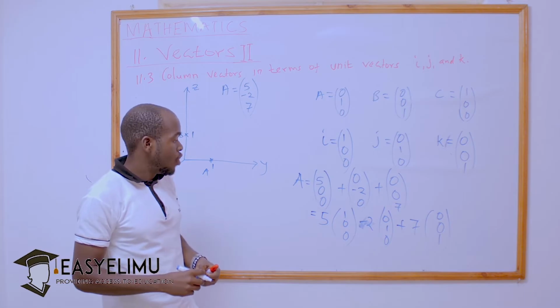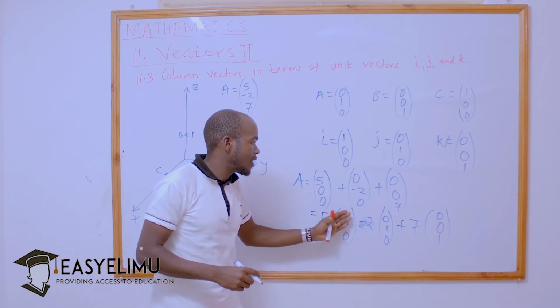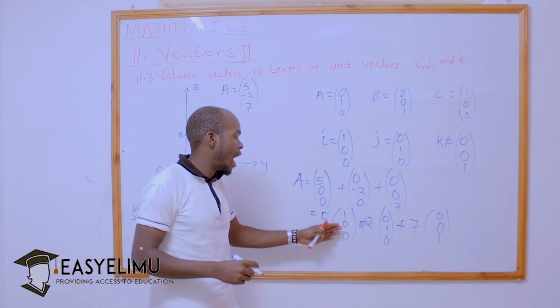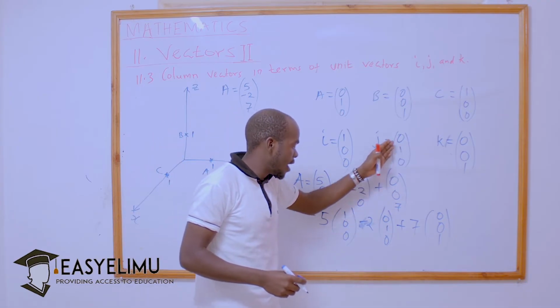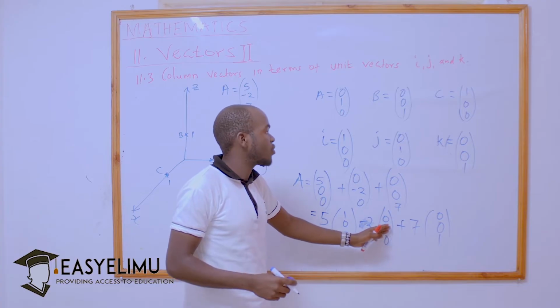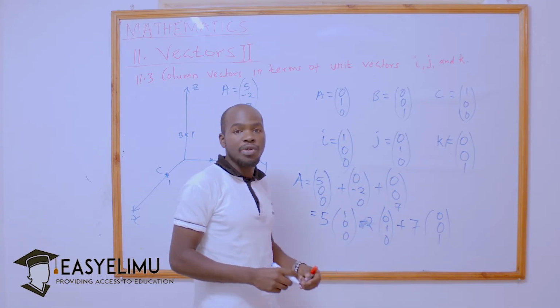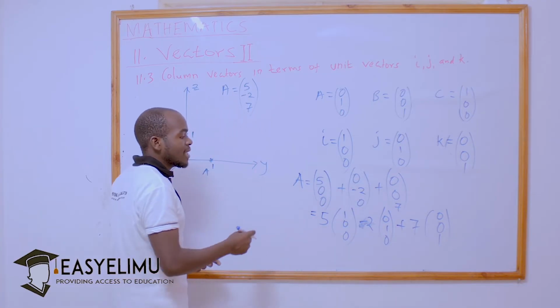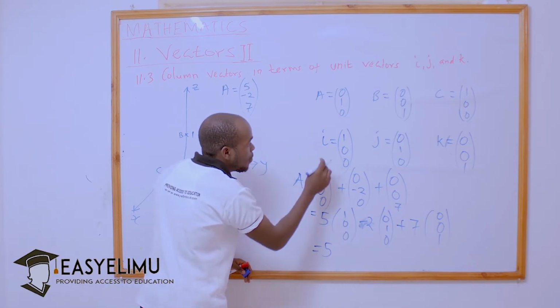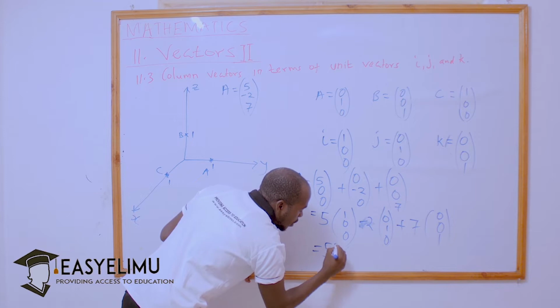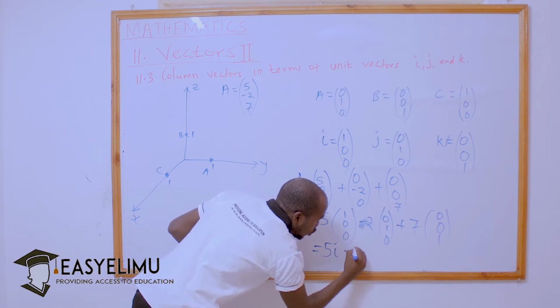But remember, what we are having here as a column vector in unit direction, we have said is equivalent to I. The other one here is equivalent to J, and the other one equivalent to K. So we can still write that one as 5, but in place of this we place I, and then minus 2.